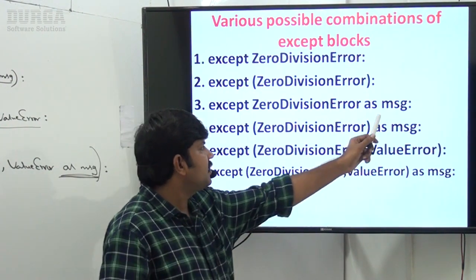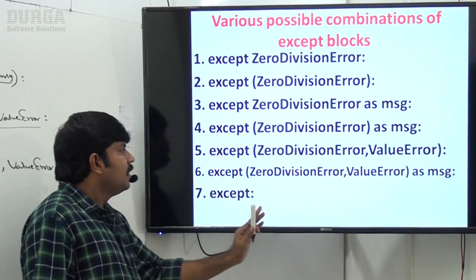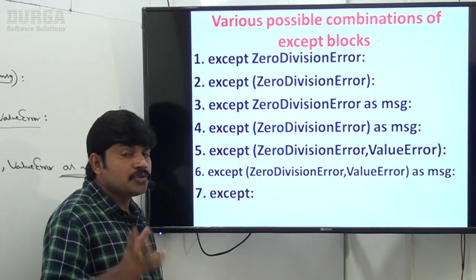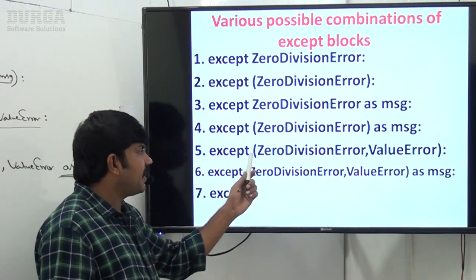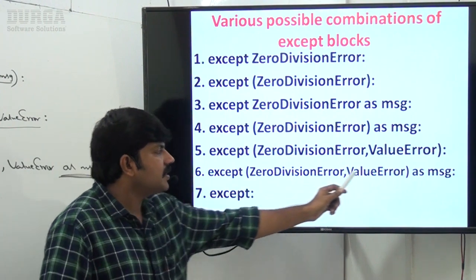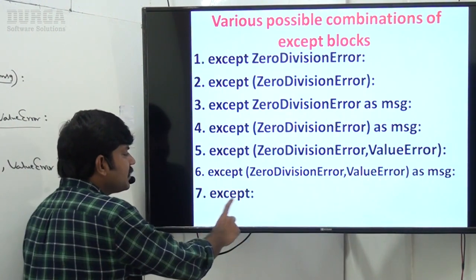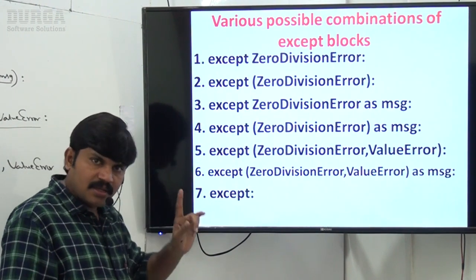Next, as message compulsorily should be outside of that only. Next, except (ZeroDivisionError, ValueError), valid. Whenever we are talking about multiple exceptions, parentheses are mandatory. Here, as message outside of the parentheses, valid. Now except colon, the default except block. Any doubt about this? Clear, right?